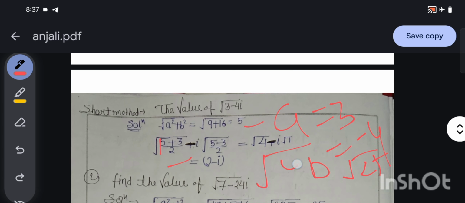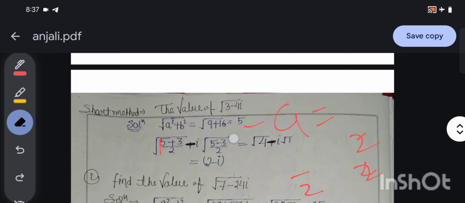Root of 8 upon 2, that is root 4, minus iota root 1. So what is the value of root 4? 2, and iota, so 2 minus iota. Okay, we can easily find out the value of root of any complex number in shortcut way.